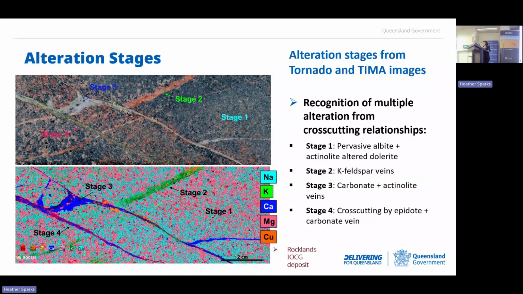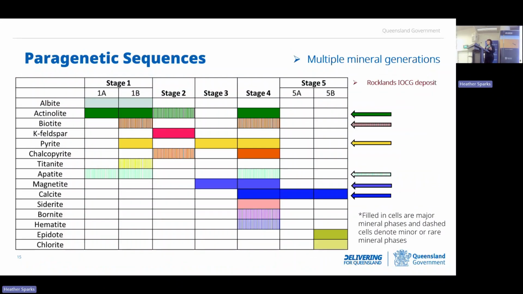But looking at the Tornado image makes it so much easier to recognize and clearly identify the phases and set up these paragenetic sequences, which resulted in these kinds of diagrams where we have more confidence with all this instrumentation that it's correct.